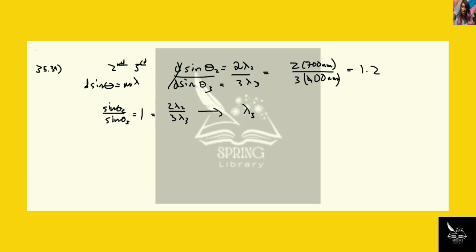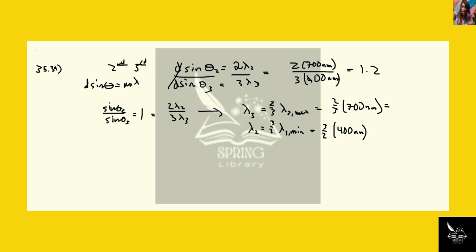From this equation, we can find lambda 3 based on the max lambda 2, and vice versa, we can find lambda 2 based on the minimum for lambda 3. What this comes out to is 2/3 times the max lambda 2, which we already said was 700 nanometers, and for lambda 2 we get 3/2 times the minimum, which was 400 nanometers.